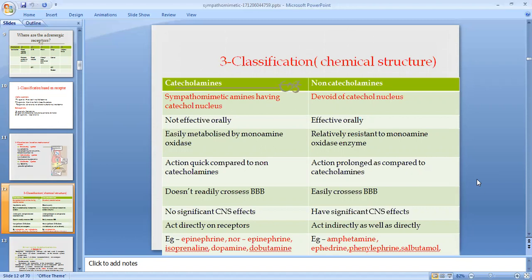The catechol nucleus contains two hydroxyl groups at positions 3 and 4 of the benzene ring. The catecholamine sympathomimetics are epinephrine, norepinephrine, dopamine, and isoprenaline. The non-catecholamines are amphetamine, ephedrine, phenylephrine, and salbutamol.